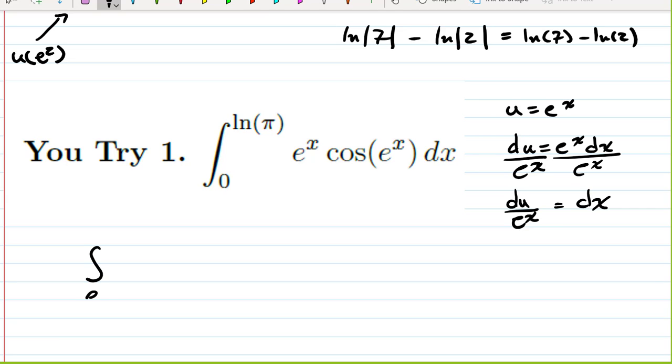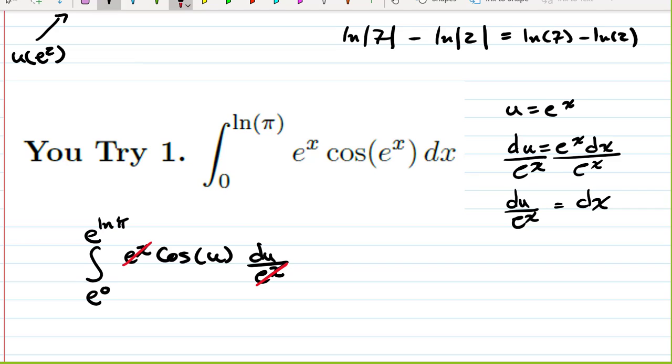So we're going to have e to the 0 and e to the natural logarithm of pi. And then our e to the x becomes a u. So we have our e to the x cosine u, and then our dx is du over e to the x.